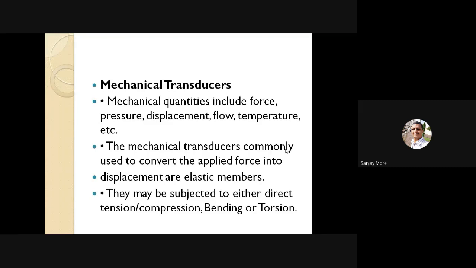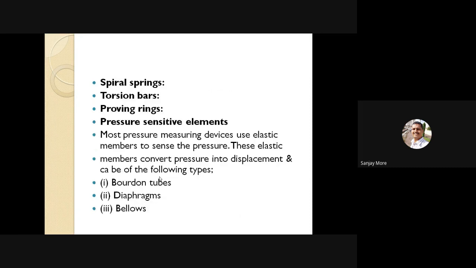They are commonly used to convert the applied force into displacement in elastic members. They may be suited to either direct tension, compression, bending, or torsion. These include spiral springs, torsion bars, proving rings, and pressure sensitive elements. These are the contents of mechanical transducers.